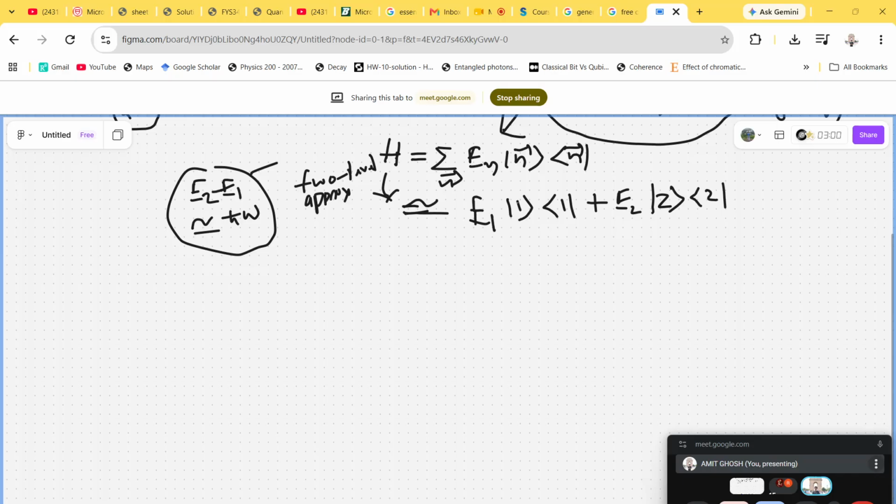And another thing I want to discuss, that will be useful later, is the parity operator. Okay.